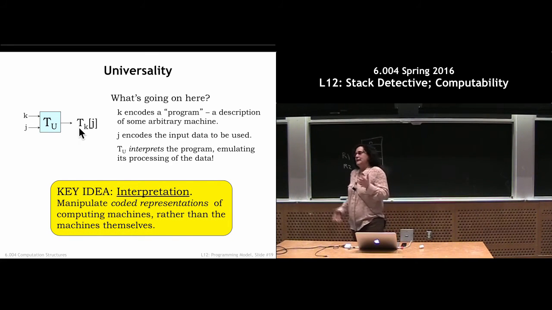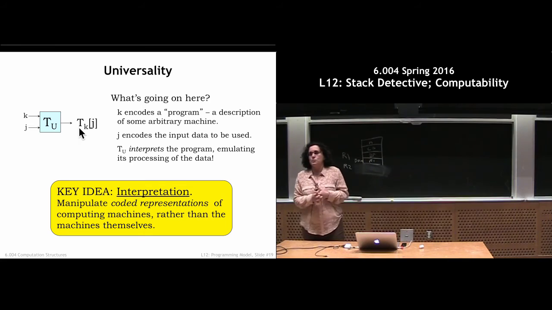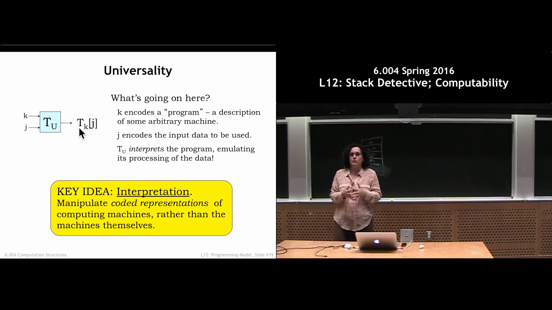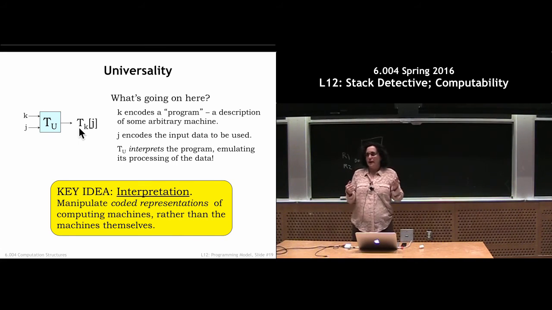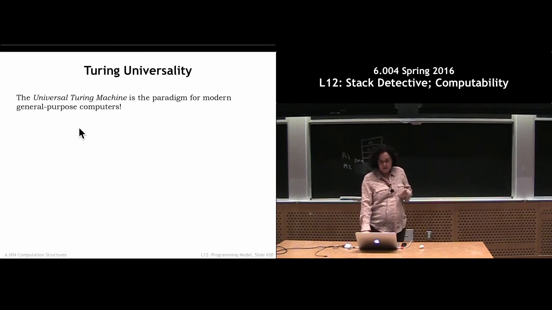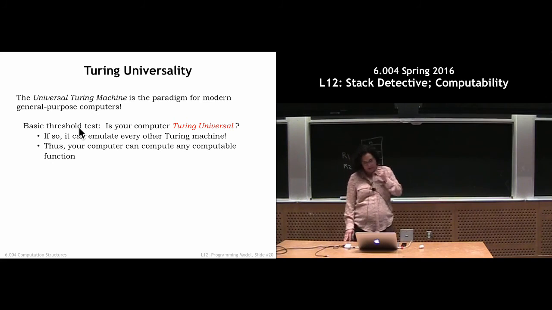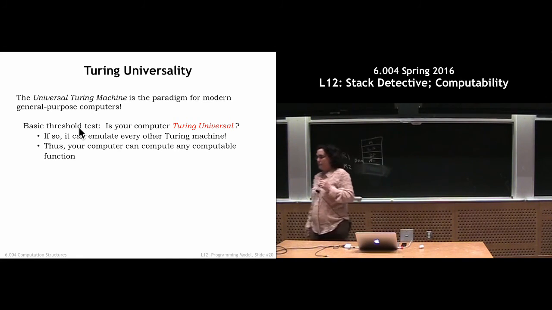So this idea of interpretation is really one of the fundamental notions of computer science, which is that you can pass as an input a program which describes what it is that you want to do. So basically what we want to ask ourselves for any machine that we're building is, is it a universal Turing machine?